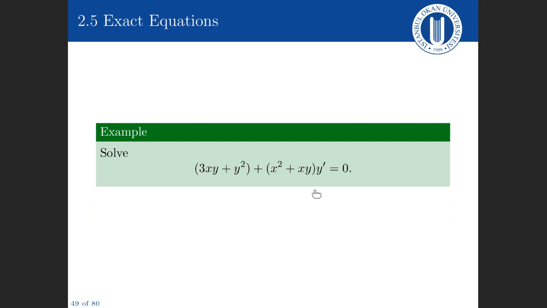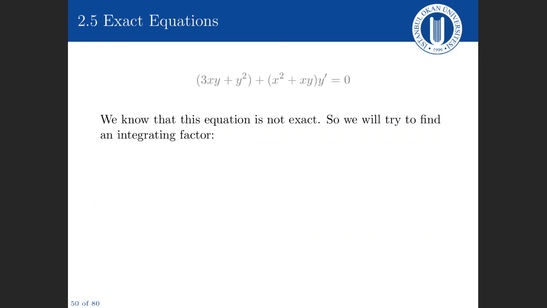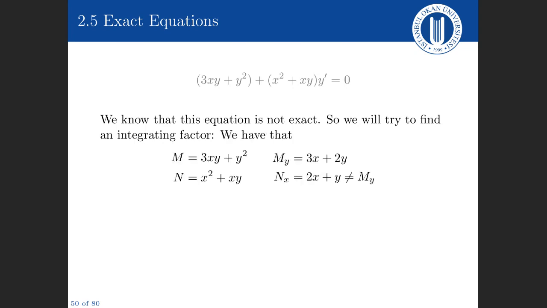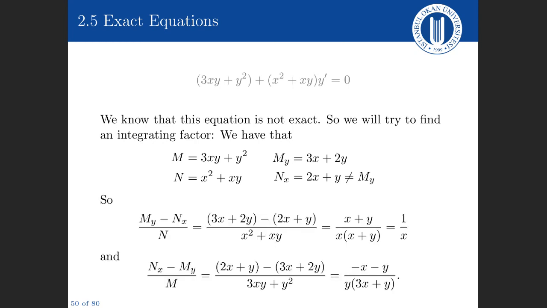So, solve (3xy plus y squared) plus (x squared plus xy) y prime is equal to 0. We looked at this equation before, and we know that this equation is not exact. We're going to try to find an integrating factor. We have m and n, my and nx, and we calculate (my minus nx) divided by n and (nx minus my) over m.